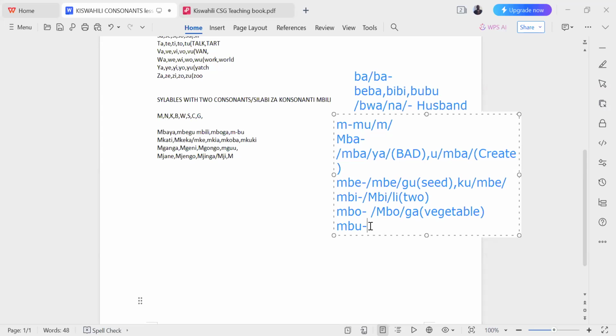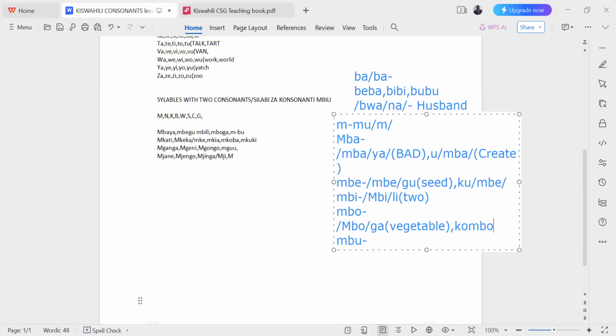And then there's where mbo comes at the end of a word, like, for example, kombo. In this case, mbo is the last syllable in this word. Kombo means not straight.